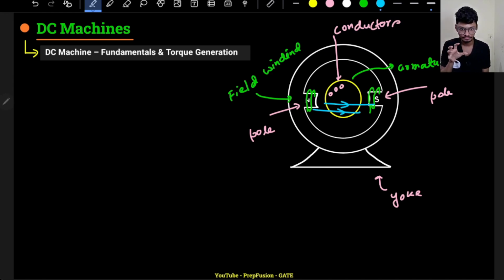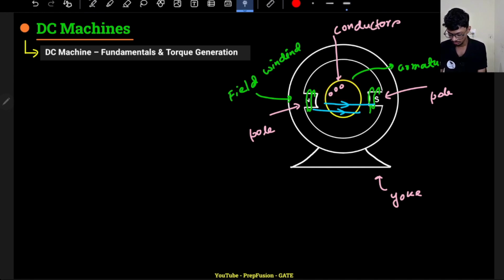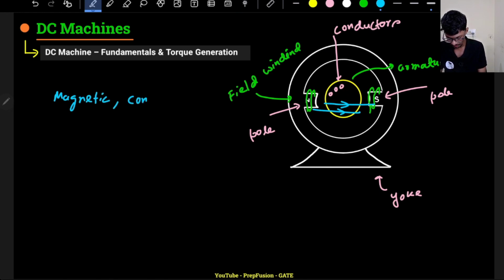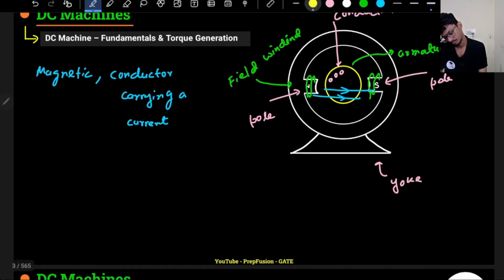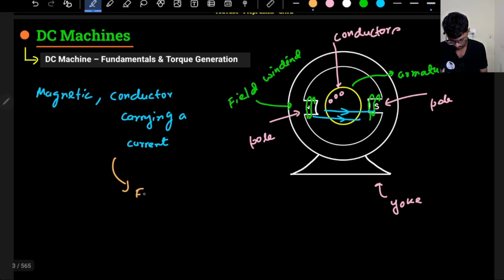So I have a magnetic field and I have a conductor, so it will experience a force. If I have a magnetic field and a conductor that is carrying a current, then there will be a force experienced by the conductor.